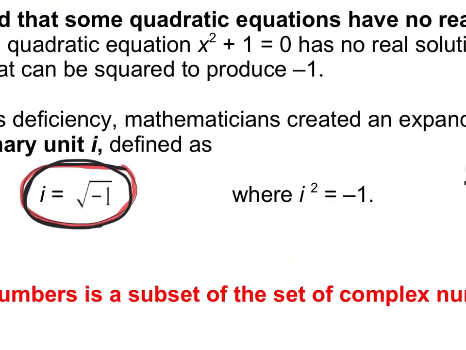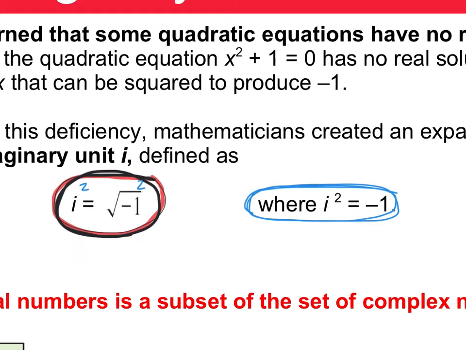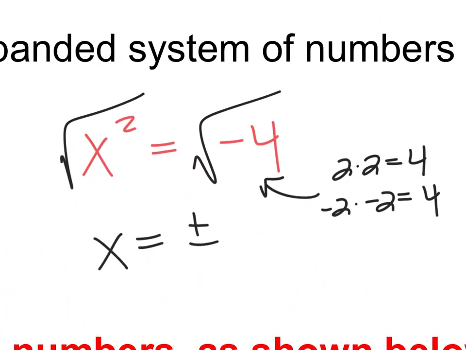And then that also gives us, if we square both sides, like if I took this and we did squared and squared, we would get i squared equals -1. So we'll use that a little bit in this lesson as well. So then if I go over here and I want to do the square root of -4, what I would do is I would say, well, this negative is my imaginary unit and the square root of 4 is 2.